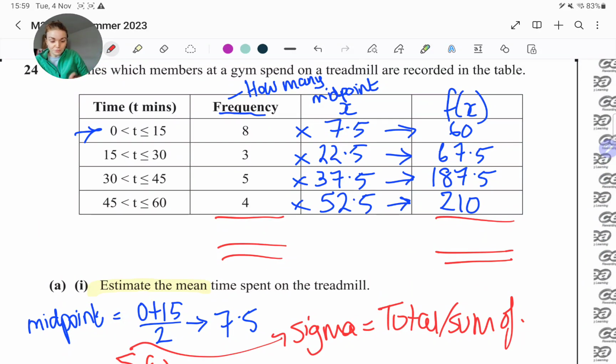So let's add up column 2: 8 plus 3 plus 5 plus 4. Totaling up our frequency gives 20. And then our f of X: 60 plus 67.5 plus 187.5 plus 210 gives me 525. Happy with that?